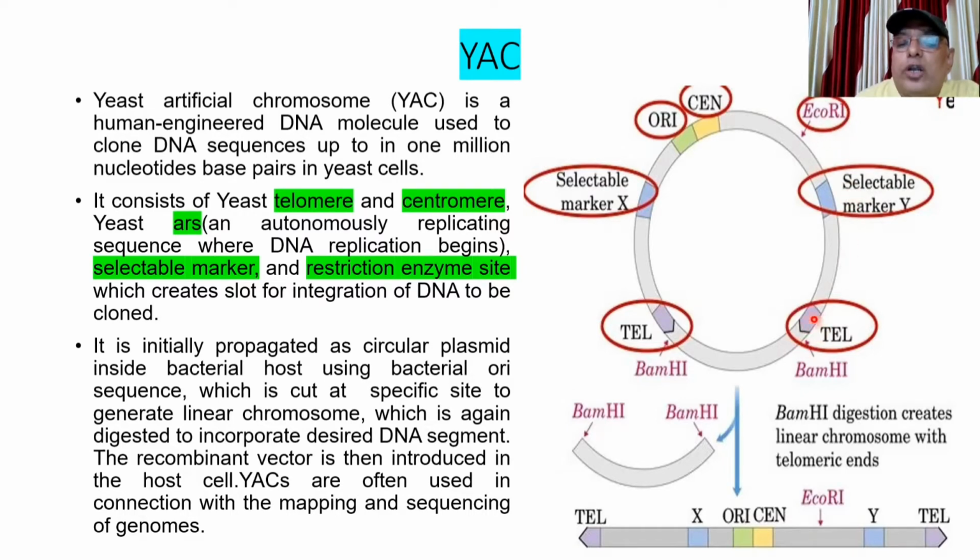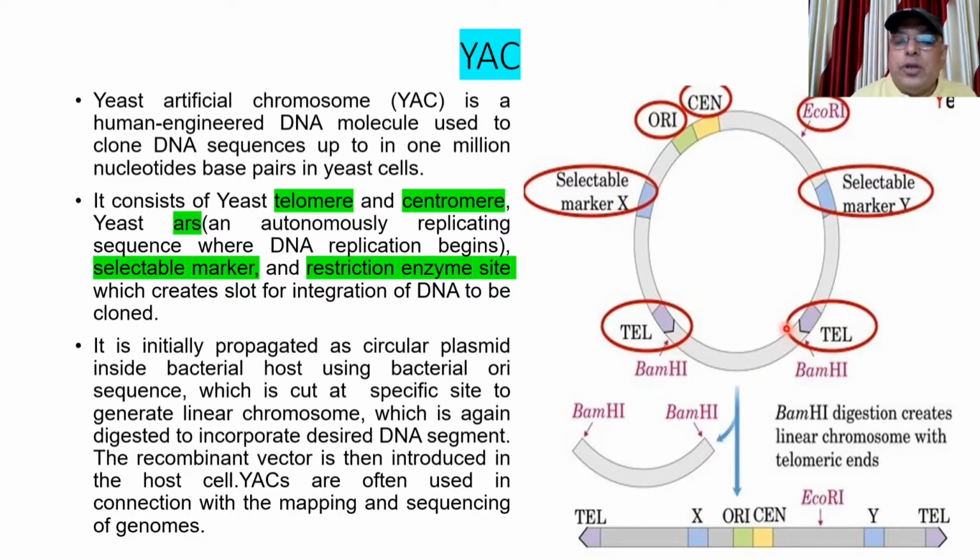And here we have got telomere. Here you have also got telomere. And just adjacent to the telomere, there is a BamHI site here also and a BamHI site here also. So this is the site for restriction endonuclease.